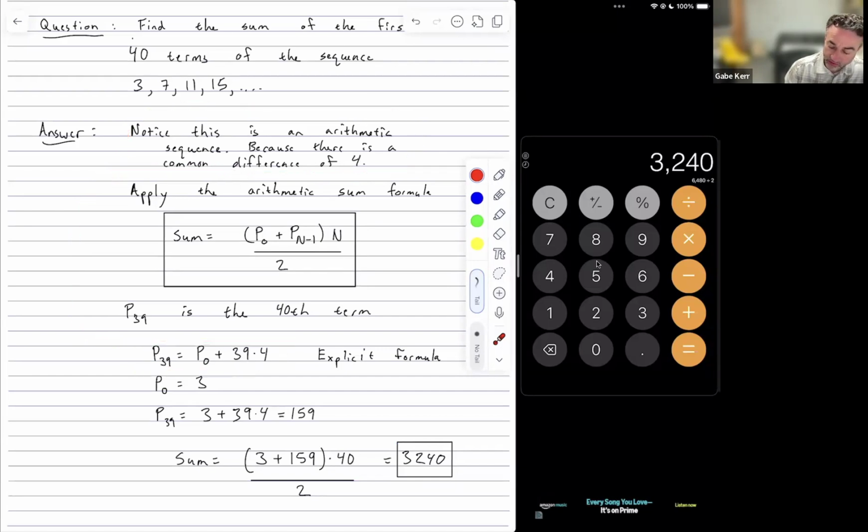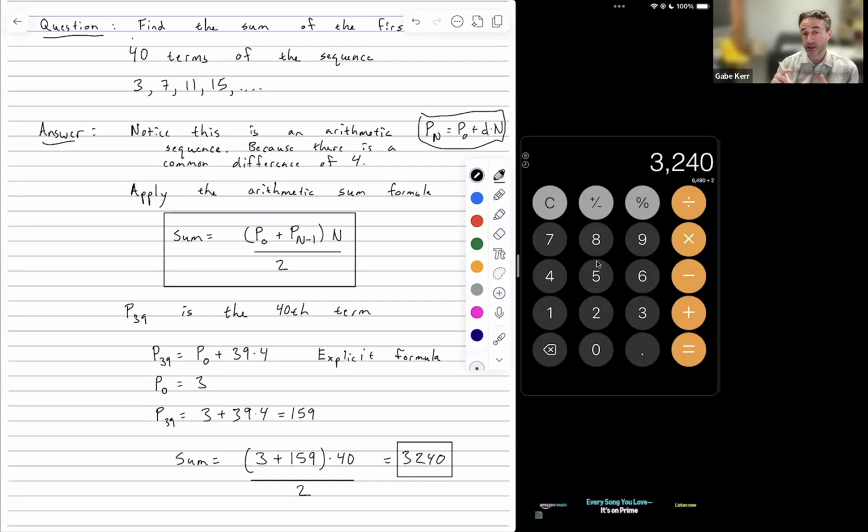In fact, I have a more general formula. The more general formula is P sub n equals P naught plus the common difference times n. That's the general formula for the arithmetic sequence.